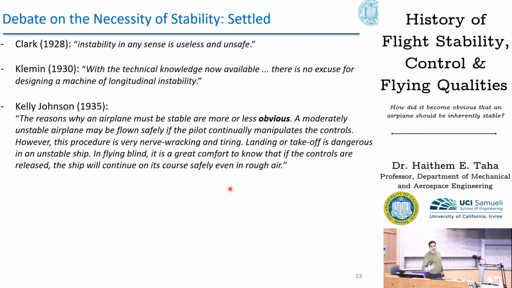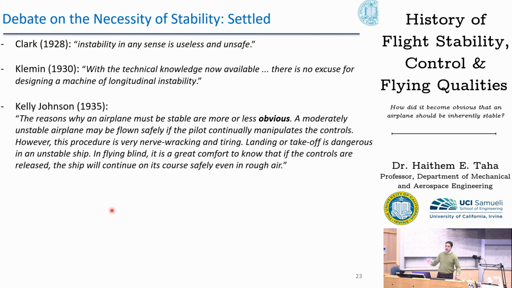There was no single incident that led to the shift in the mindset of the community that we need stable airplanes. But you can trace some of the reasons in Kelly Johnson's statement. Basically, airplanes' performance became better in the sense that they were able to do longer flights.